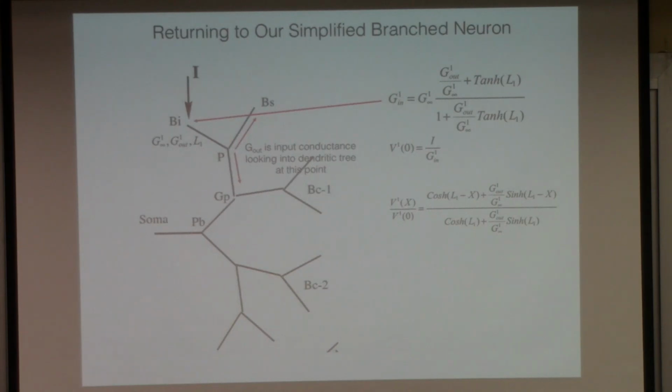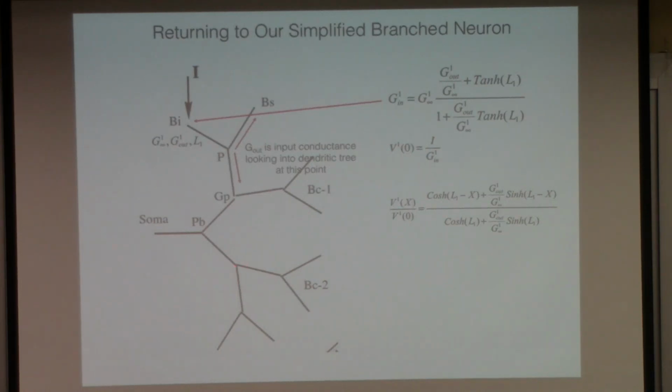And the way you do it is you march out to the tips of these dendrites and you ask yourself, what's the output conductance looking into these two cable structures here? You can calculate that using the formulas that we've derived. It's the input conductance of this cable plus the input conductance of that cable. You got it now.